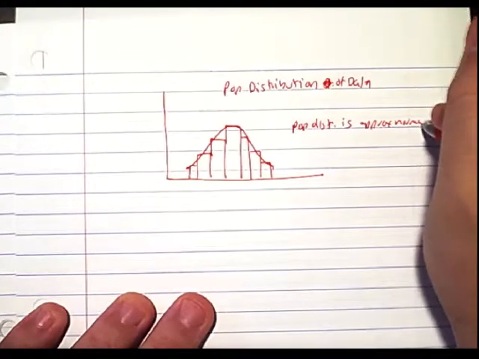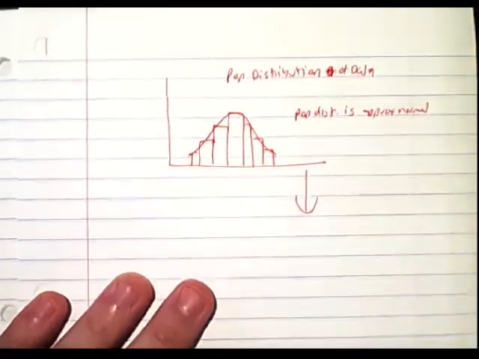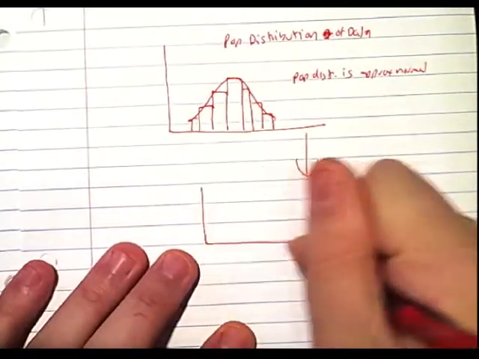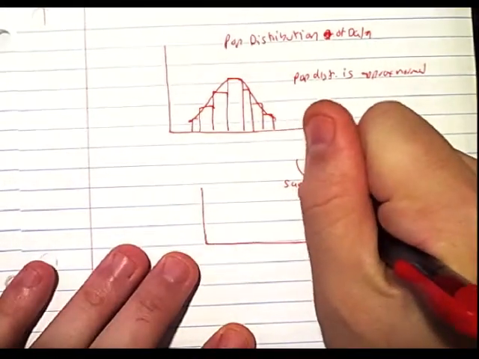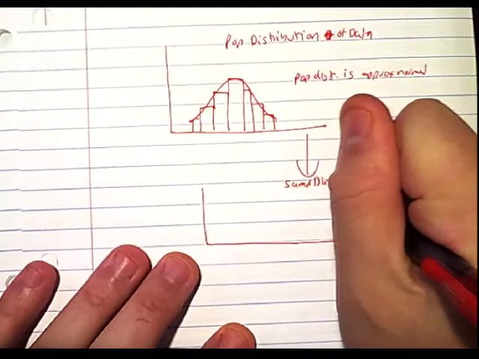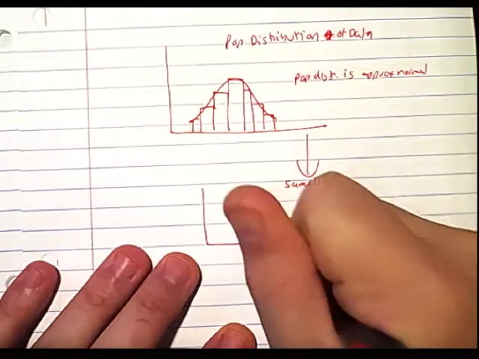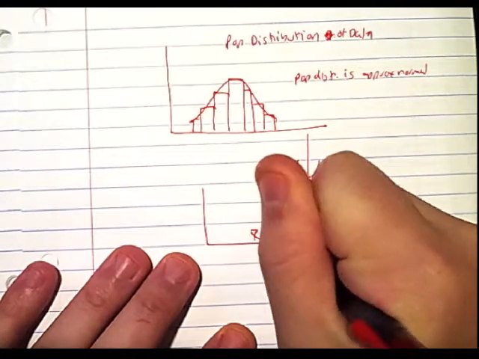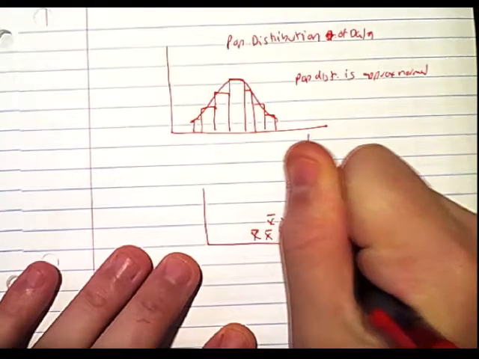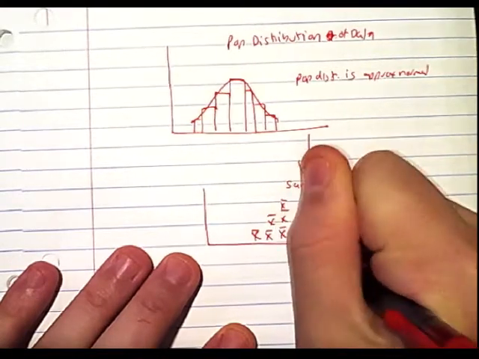If this is true, then if I were to take a sampling distribution from that population, remember, a sampling distribution involves all possible samples.